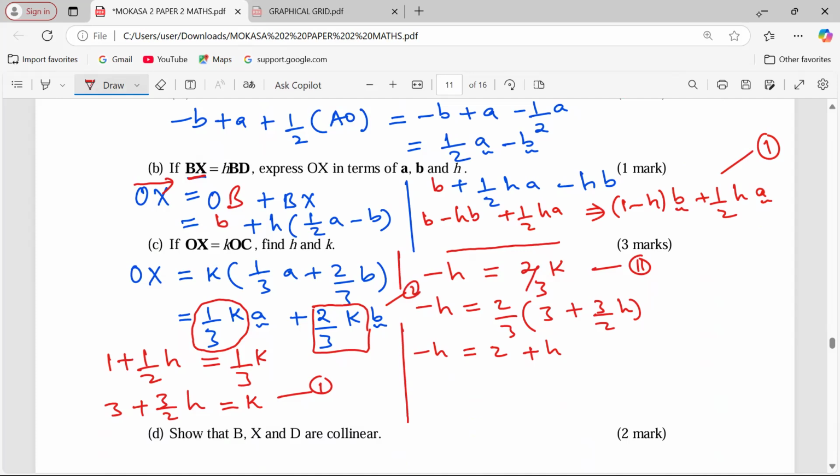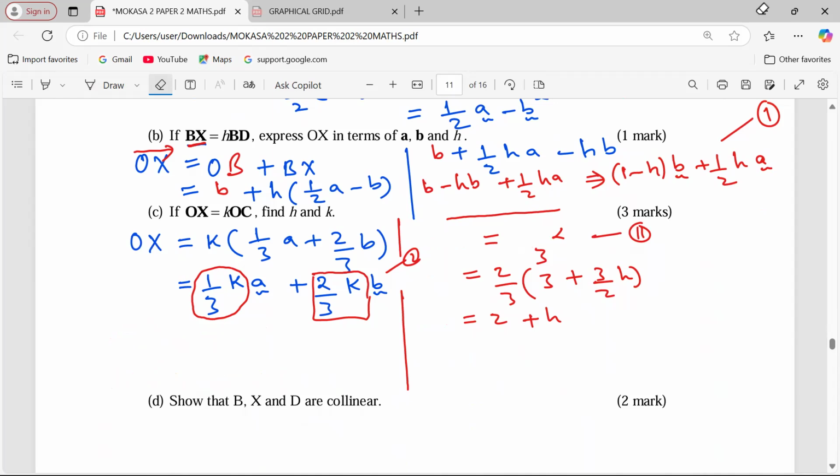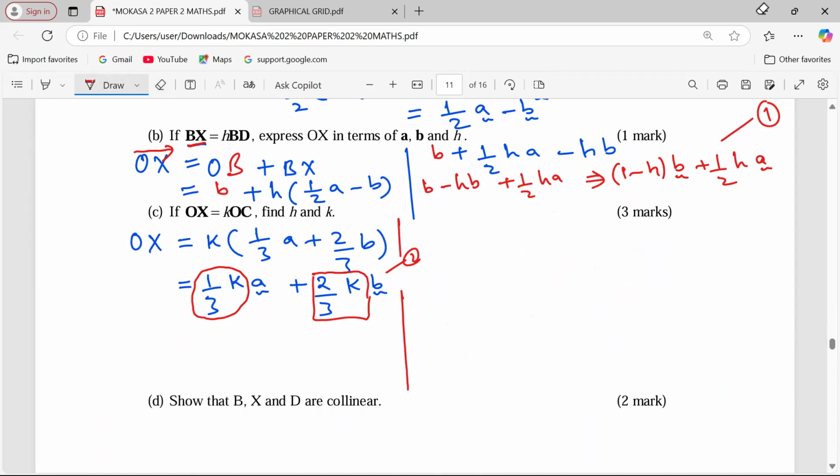So when we work with equating coefficients, at this point, we're supposed to be very careful. Let's look at it this way. We need to take the coefficient of vector A. In the second equation, we can see it is a third K. That is the coefficient of vector A. This one we equate with the coefficient of vector A in equation 1.